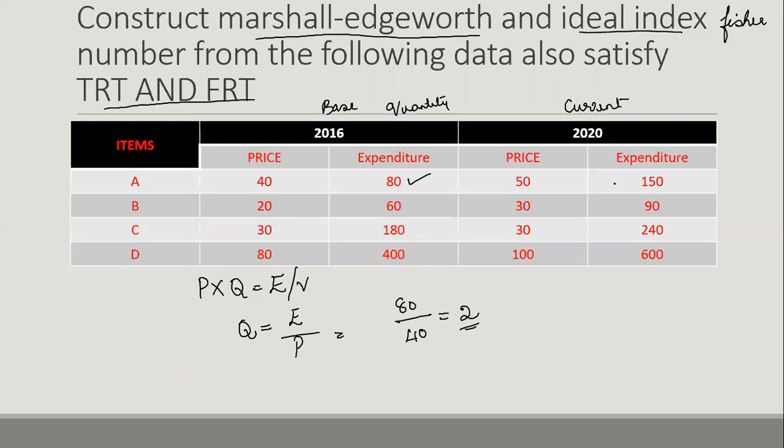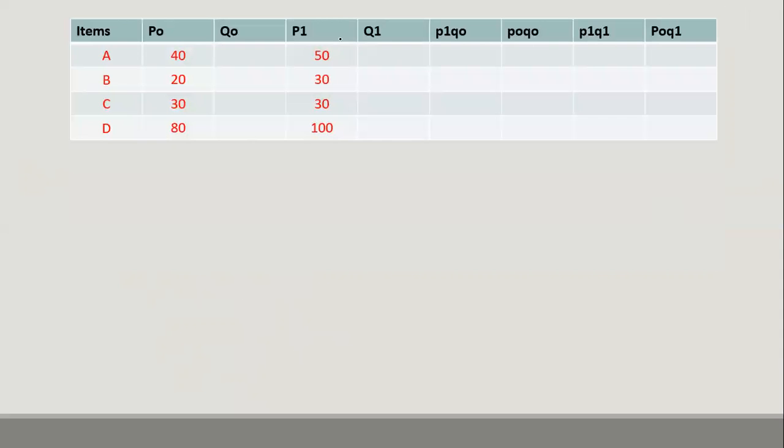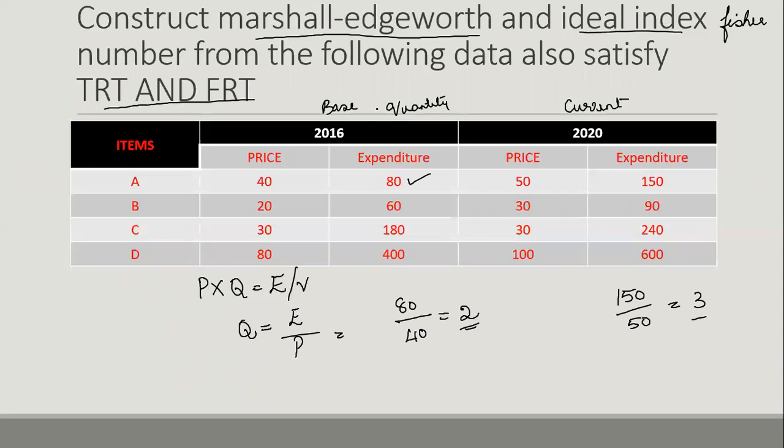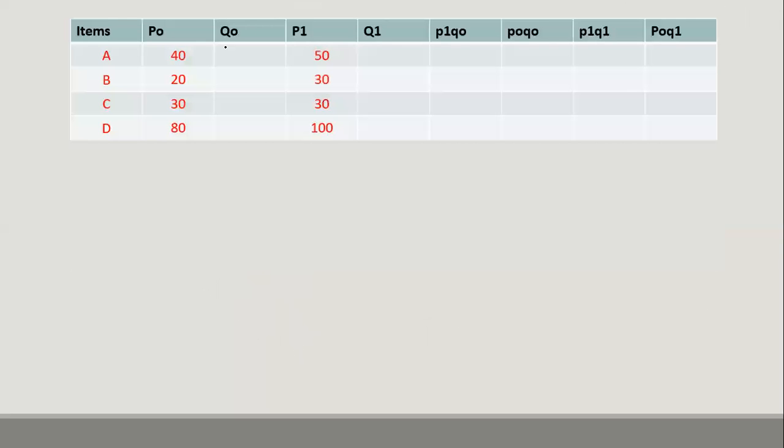Similarly here they have given us expenditure, so 150 divided by 50 is 3. Okay, so I have done the table. To find the quantity of the base year, you divide the expenditure by the price, so you will get values 2, 3, 6 and 5.